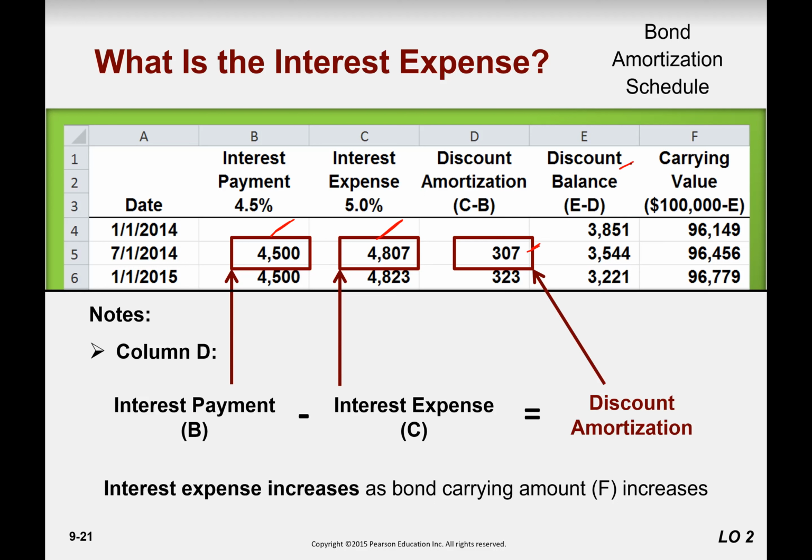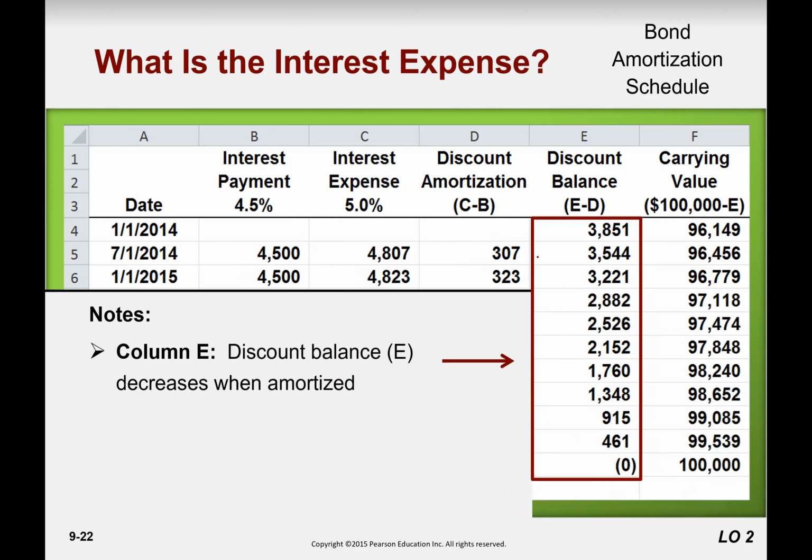And that is going to be less from discount and added to the carrying value. So discount amortized is 307. And this 307 is going to be added here. And this 323 is added here. All right. So this is how we amortize the discount and increase the value till our maturity.